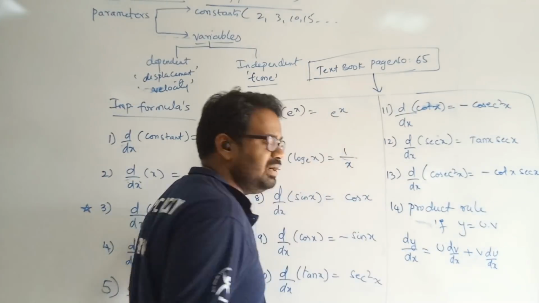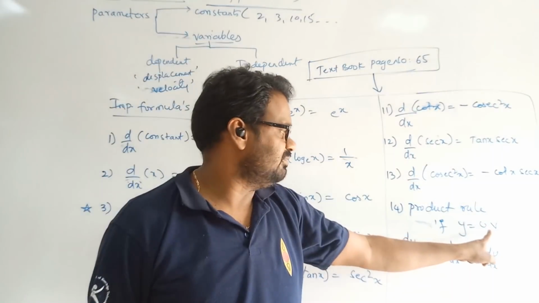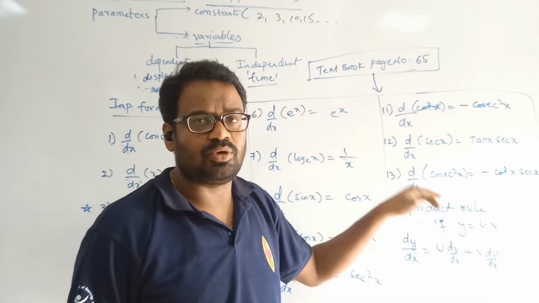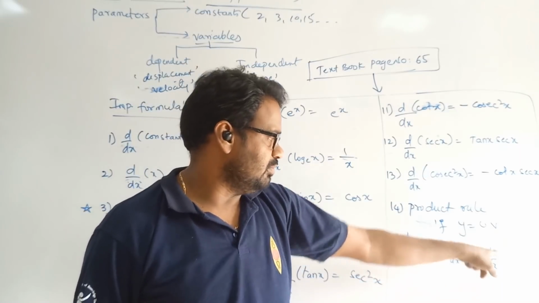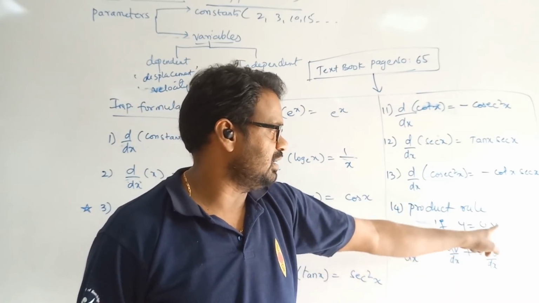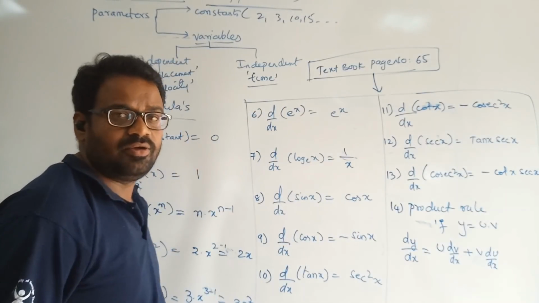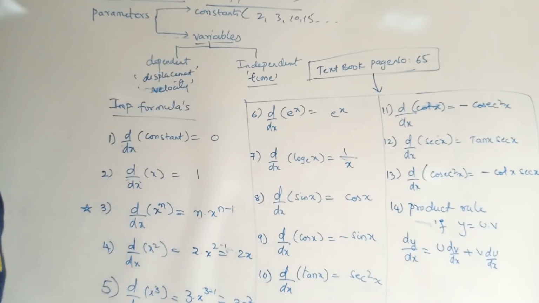You have to differentiate separately. Keep u as it is, differentiate v. Then add: keep the second one constant, differentiate the first. I'll write these up somewhere here.